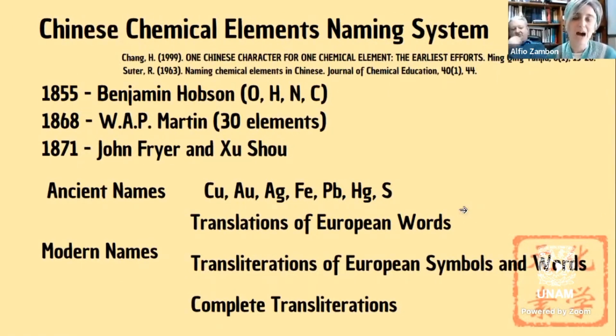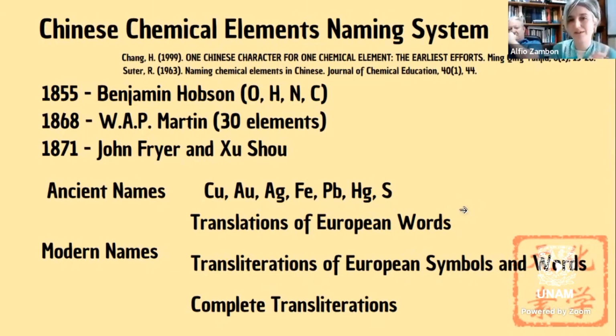How did the Western knowledge of chemical elements get into China? Everything started after the Opium Wars with medicine people, who used medicine and that knowledge also to share Christianity.